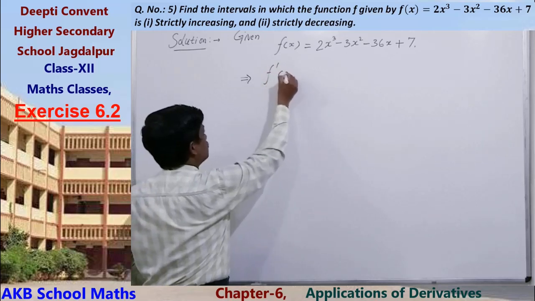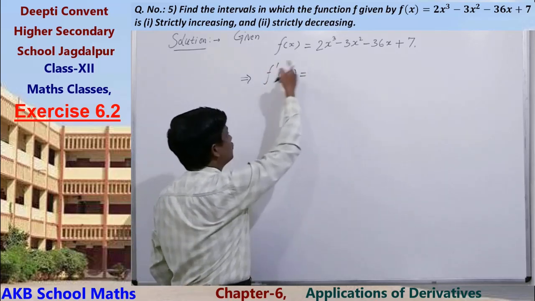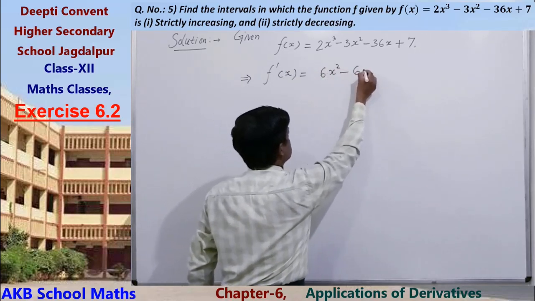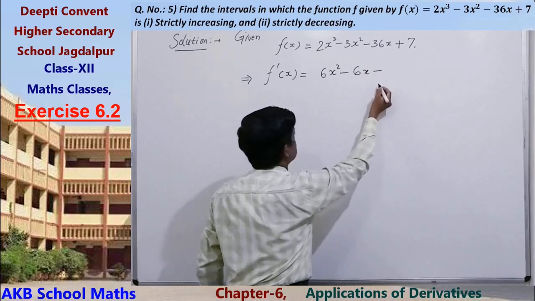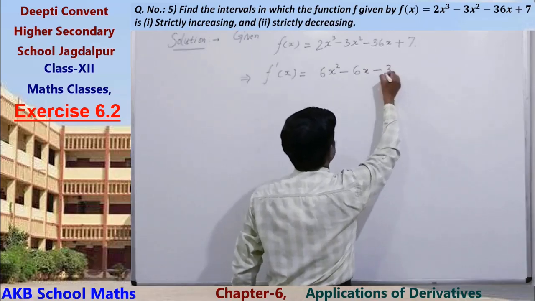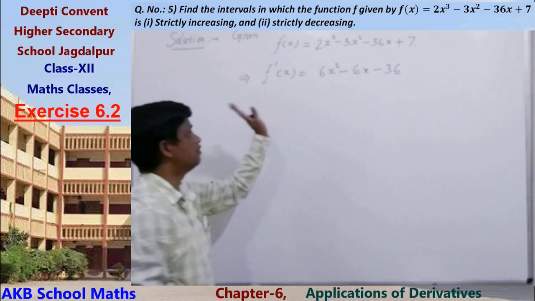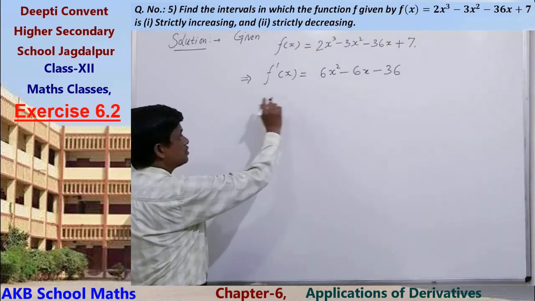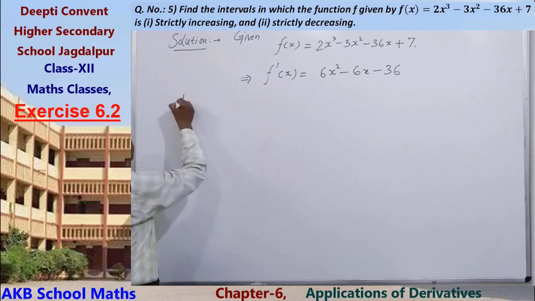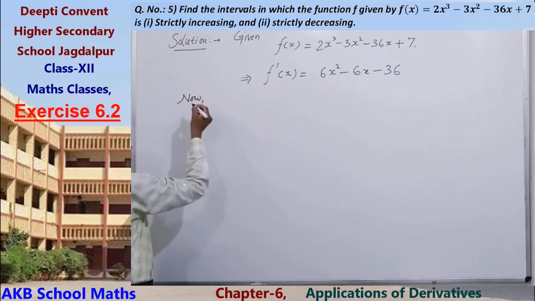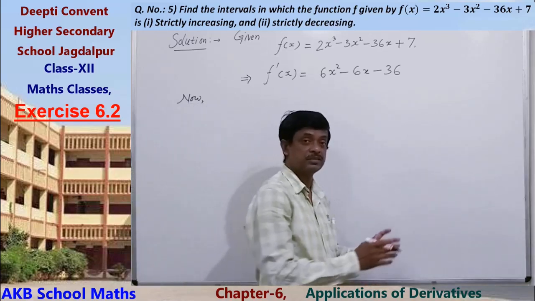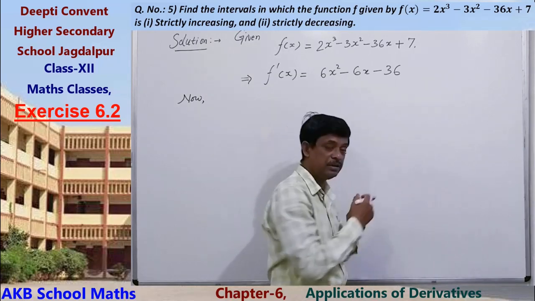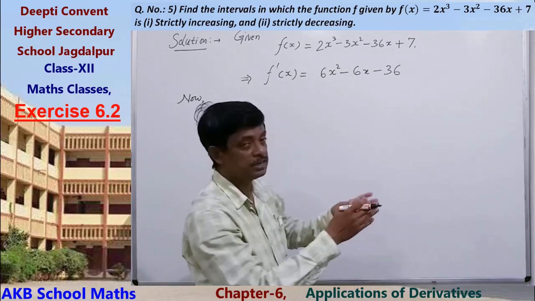f dash x equals, differentiating, 6x square minus 6x minus 36. This is the derivative of this function. Now we have to find the subintervals of the whole domain for the possibility of increasing and decreasing.